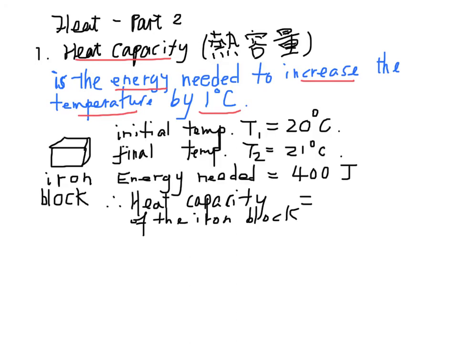Let's look at an example of an iron block. If the initial temperature 起初嘅溫度 of the iron block is T1 equal to 20 degrees Celsius, and it absorbs 400 joules of energy, its final temperature 最後嘅溫度 will become 21 degrees Celsius.